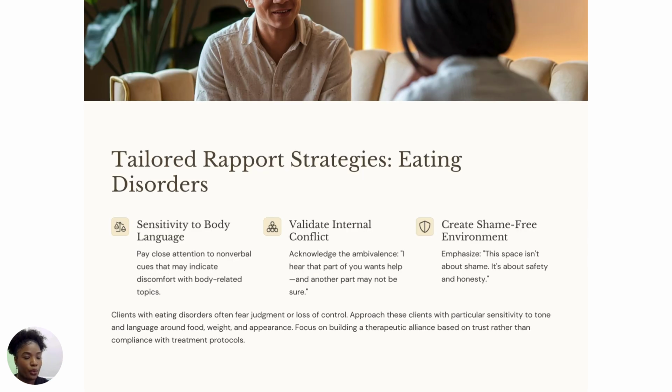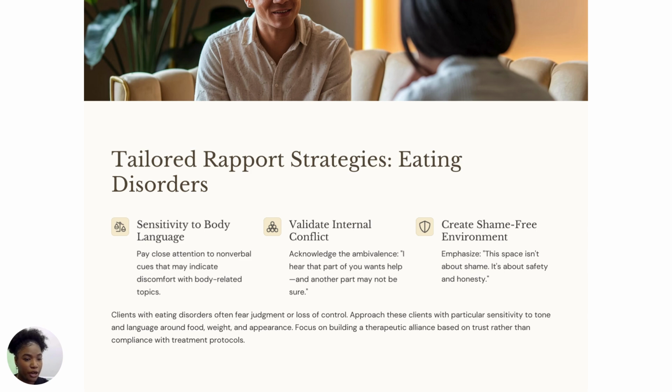Now, when you're working with individuals with eating disorders, remember these clients often fear judgment or a loss of control. So, approach clients with eating disorders with particular sensitivity to tone and language around food, weight, their physical appearance.